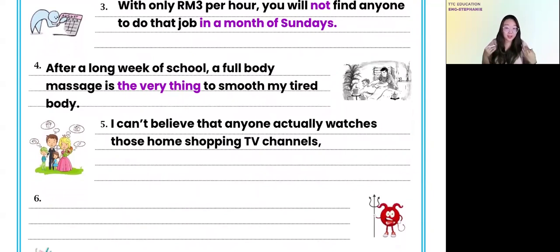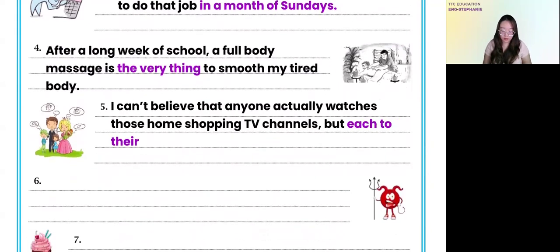My mother liked to buy a lot there, but I didn't hear about the brands that are usually sold in the home shopping TV channels. So sometimes I can't believe it. However, we need to respect everyone's preferences. So I can't believe that anyone actually watches the home shopping TV channels. But each to their own, I guess.